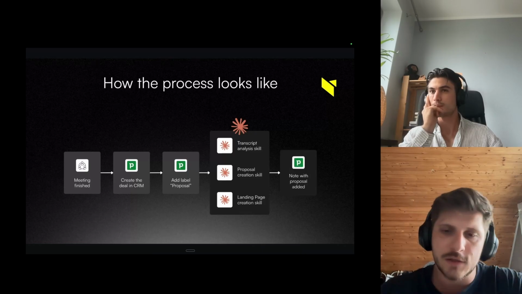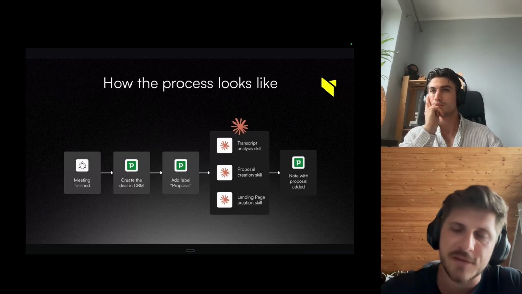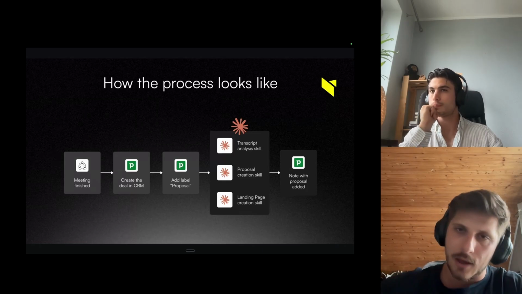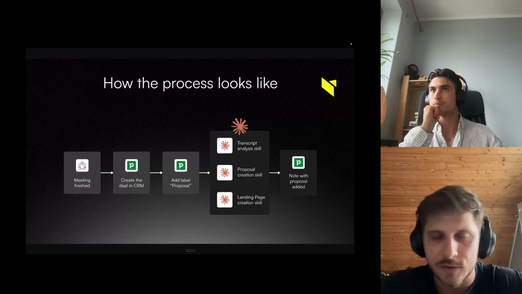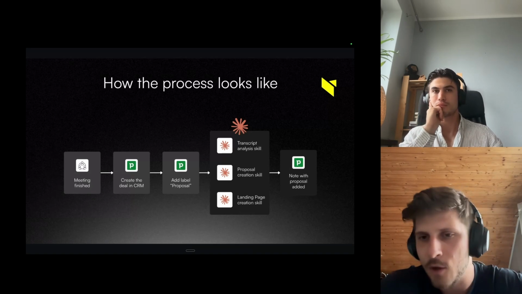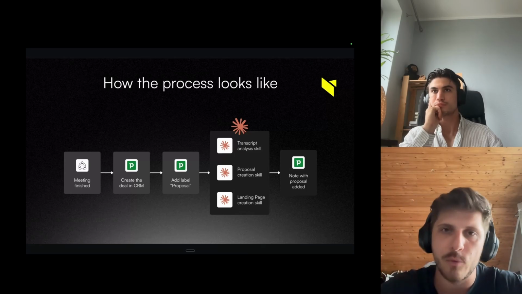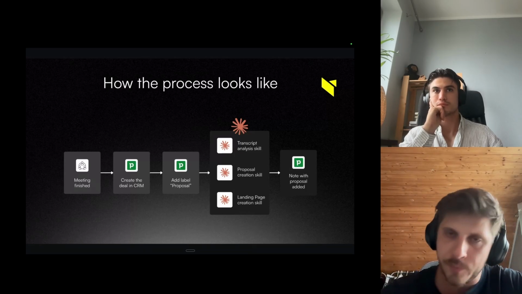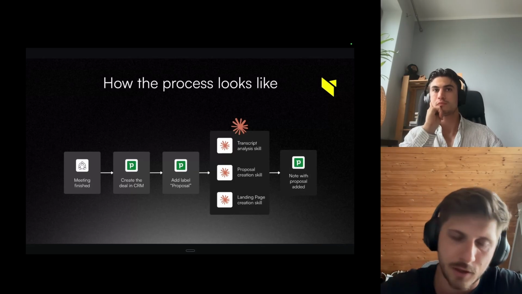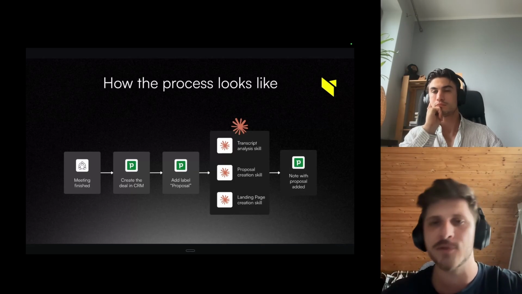Then it creates the landing page based on previously defined templates and structures and copy of the proposal. Later on, the agent adds a note with the proposal, with a link to it, with a password enabled for this client, so that the offer has an all custom-made-for-you type of feeling.